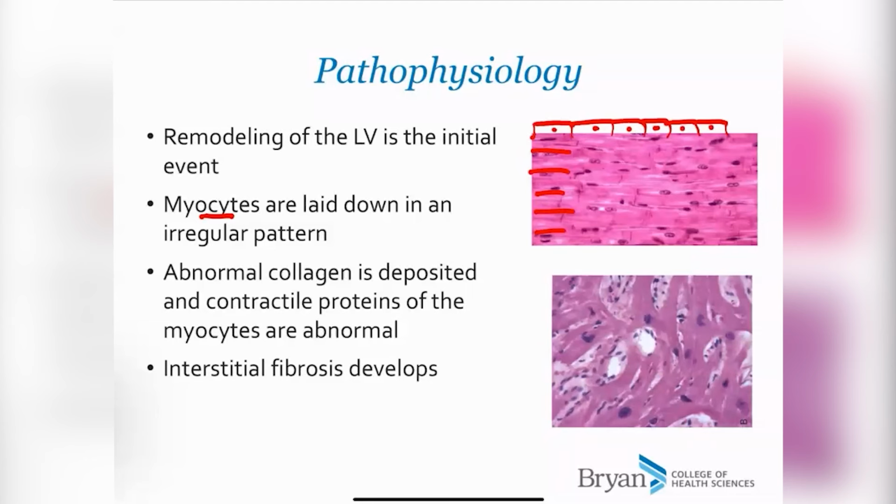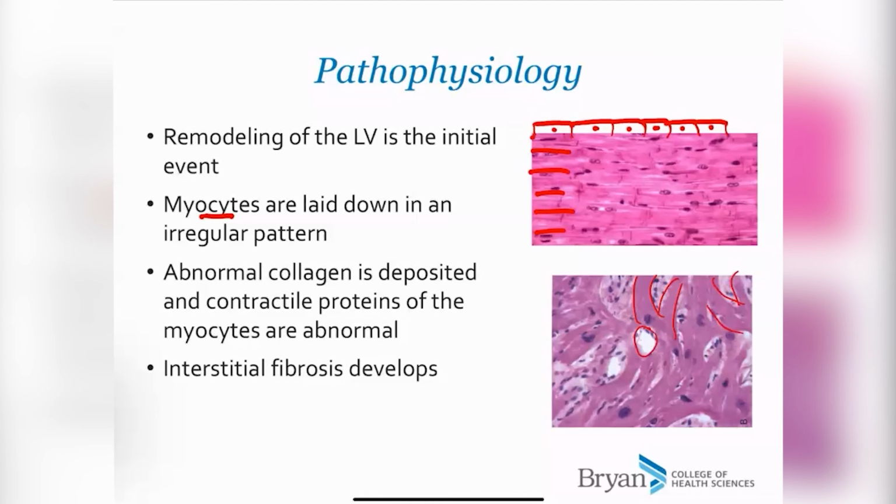In hypertrophic cardiomyopathy, what we see is that those myocytes are laid down haphazardly and not in a nice pattern. And so the myocytes are abnormal. There's also abnormal collagen that is laid down in the interstitial space.